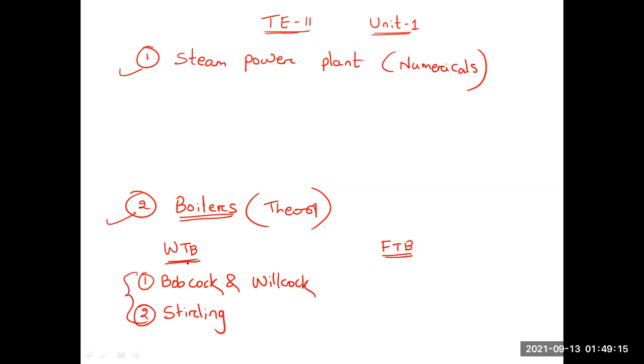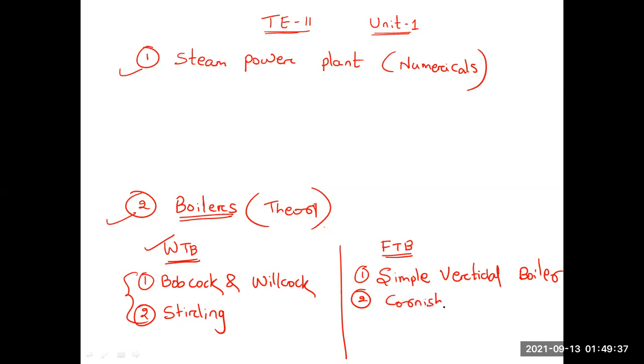Similarly, we have 3 types of fire tube boiler: the first is the simple vertical boiler, the second is the Cornish boiler, and the third is the Lancashire boiler.